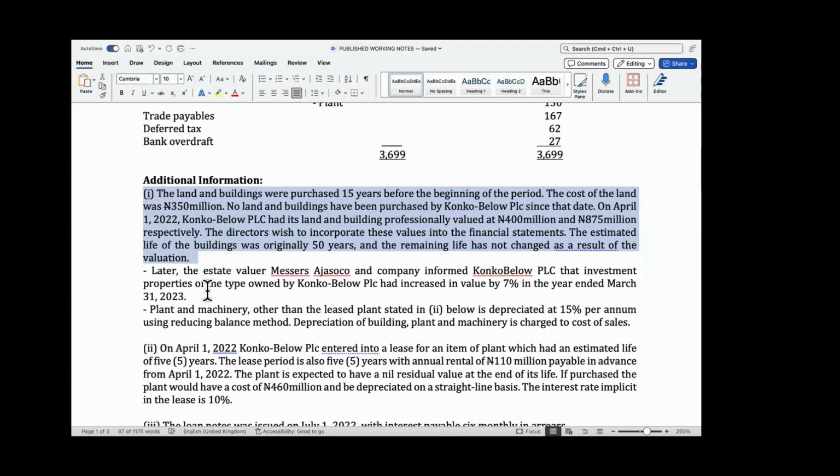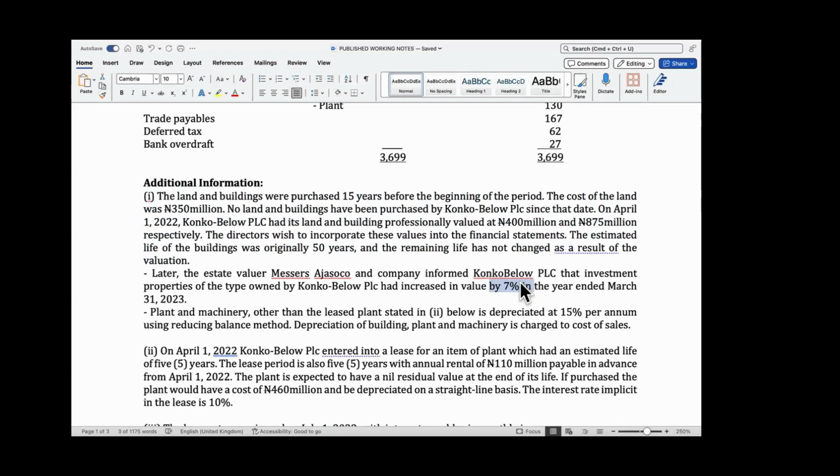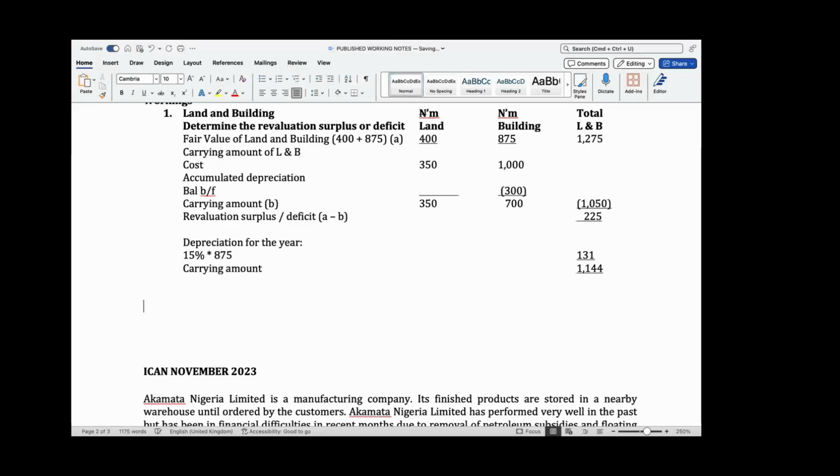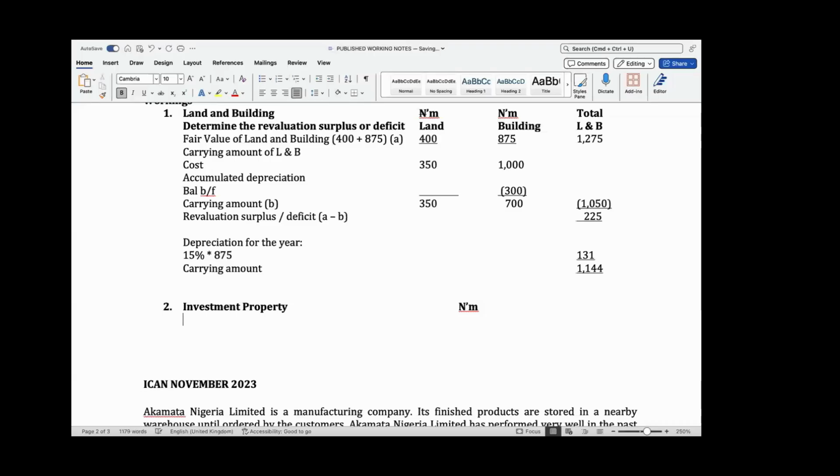And secondly, they said later the estate valuer valued the investment property and it increased by 7%. So my workings too, investment property. What was the opening fair value of the investment property?